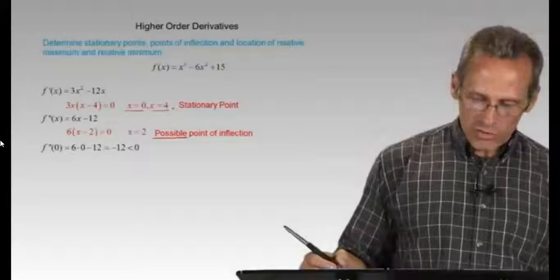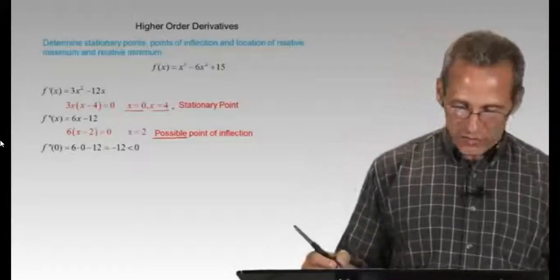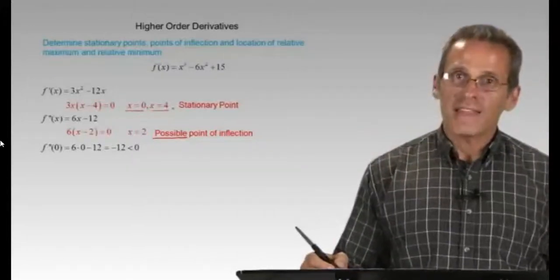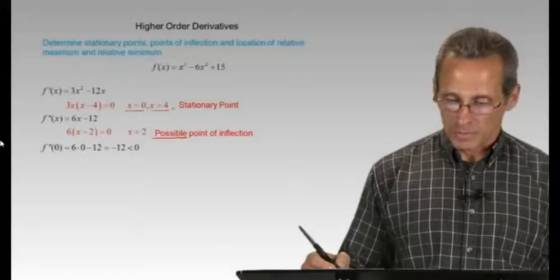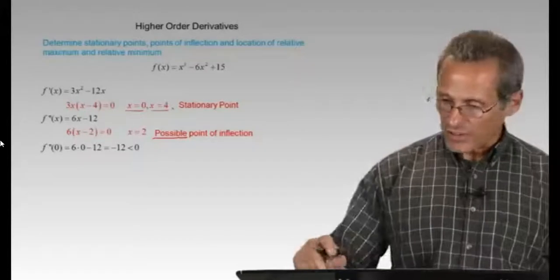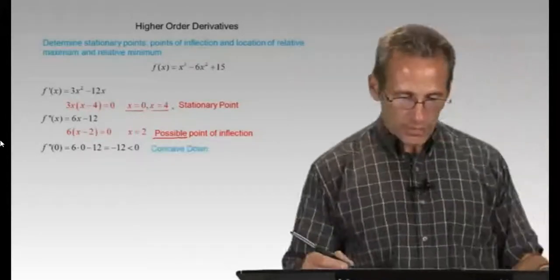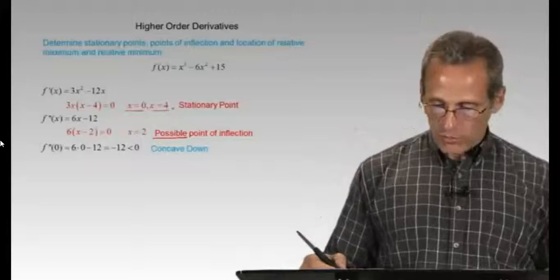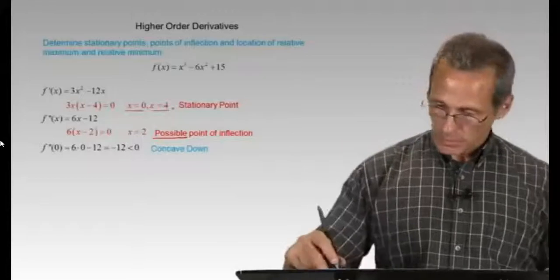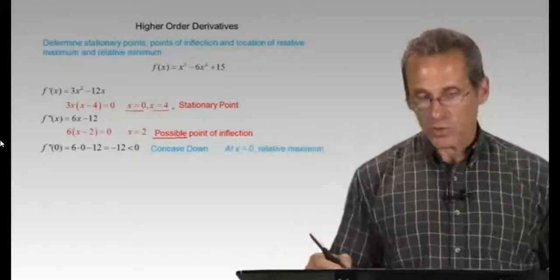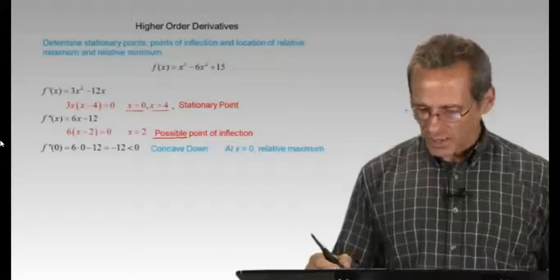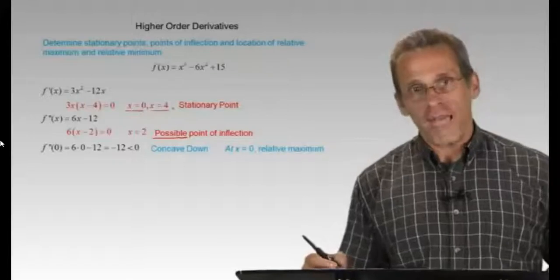So evaluating the second derivative, which is 6x minus 12, at 0, we find that value to be negative 12. The key is that it's negative. It's less than 0. So that means at x equals 0, we're concave down. More to the point, because the second derivative is negative, at x equals 0, we have a relative maximum.